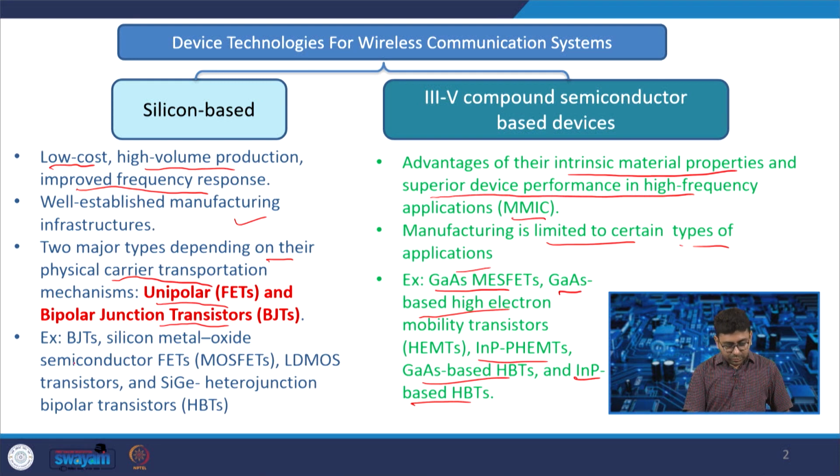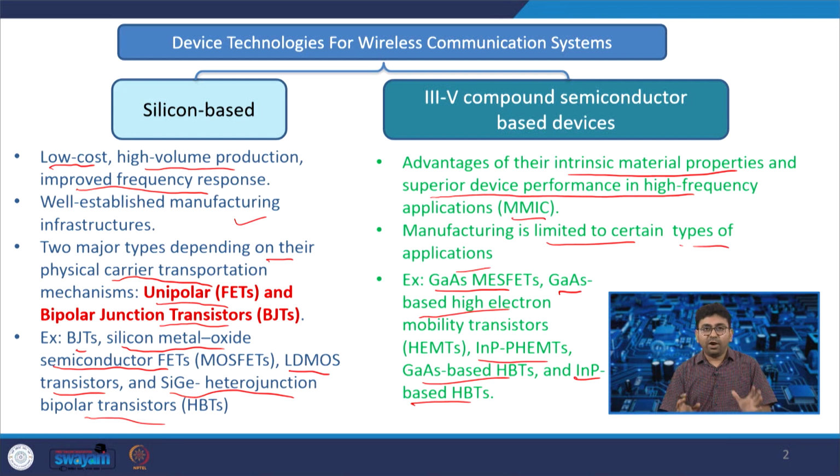In silicon, there are BJTs, mostly widely used silicon metal oxide semiconductor FETs, LDMOS for high power application, and then silicon germanium heterojunction bipolar transistors. These are the devices that can be made using silicon technology.